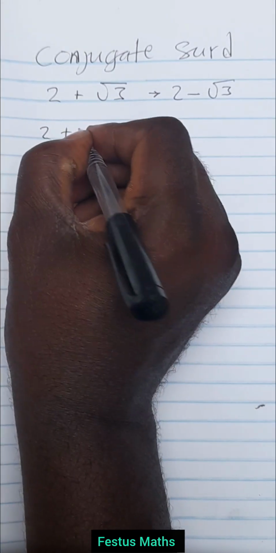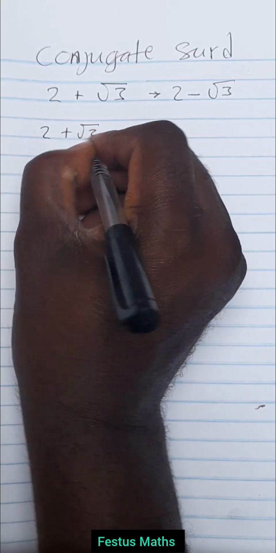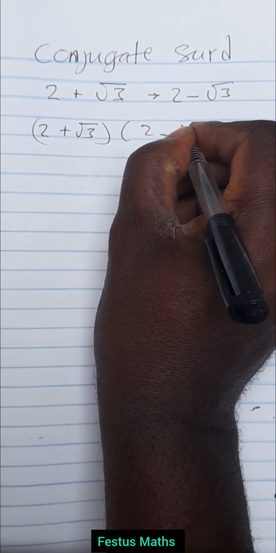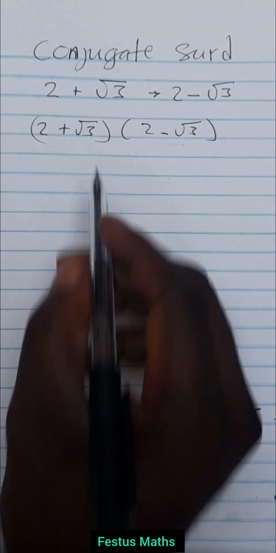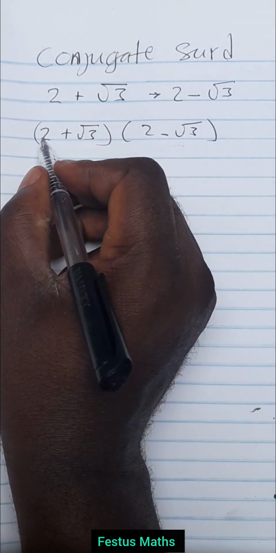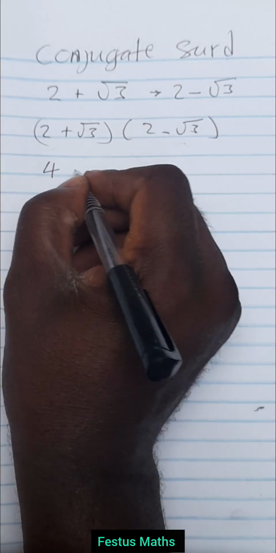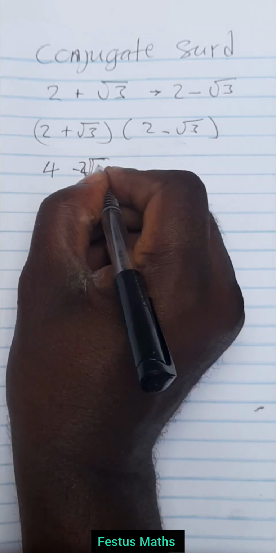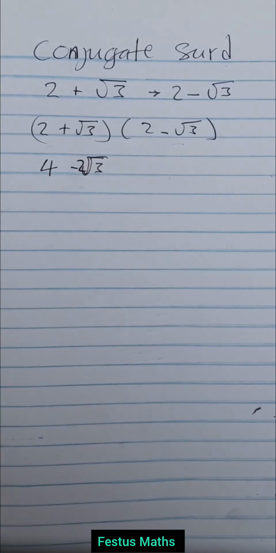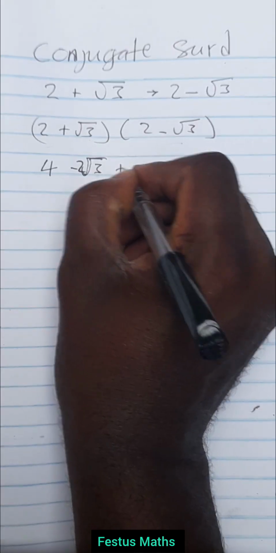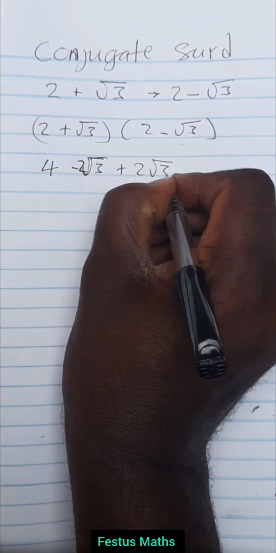2 plus root 3 multiplied by 2 minus root 3. 2 multiplied by 2 will give us 4. Then 2 multiplied by minus root 3 gives us minus 2 root 3. Then plus root 3 multiplied by 2 will give us plus 2 root 3.